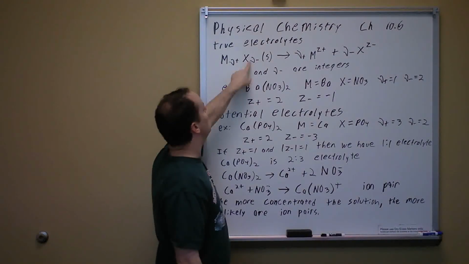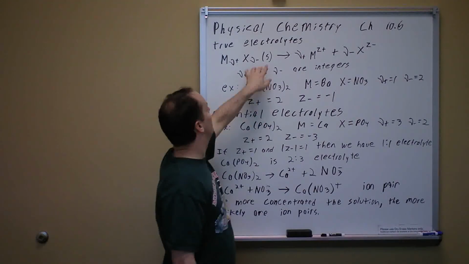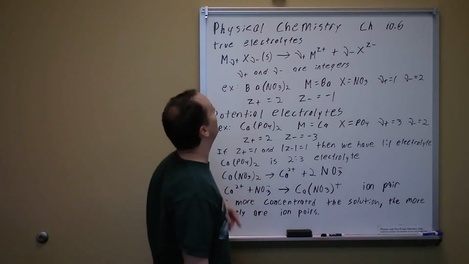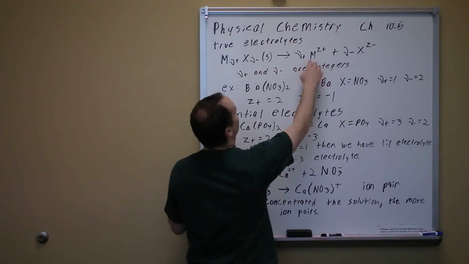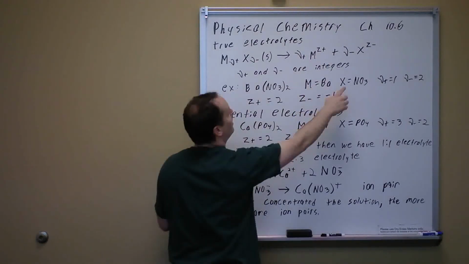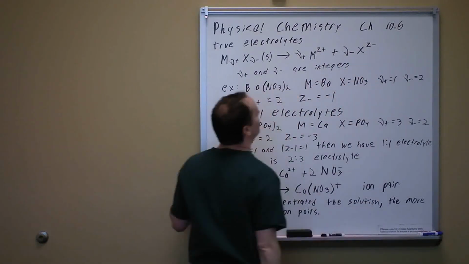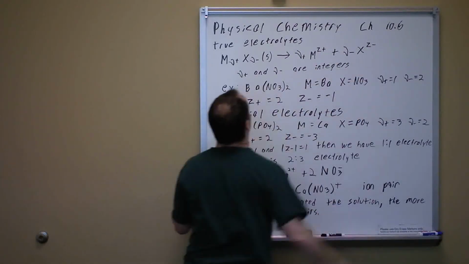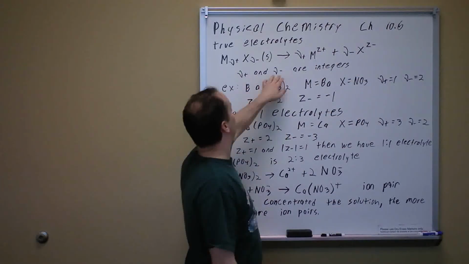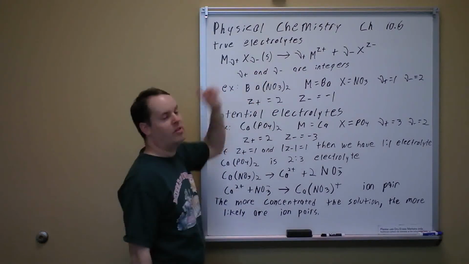And then X for the non-metal, and that's nu minus, the number of the anions. So if you take this solid and dissolve it in water, remember you'll get nu plus of the metal ions, and those are Z plus, and then you'll get nu minus of the non-metal ions, and those are Z minus, because this has a positive charge and this has a negative charge.